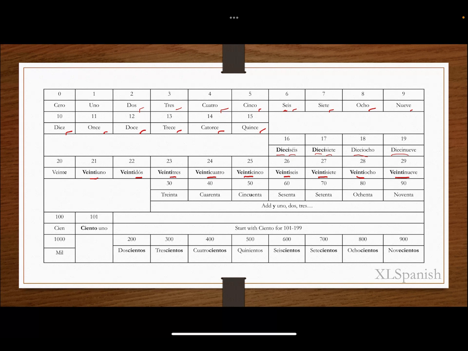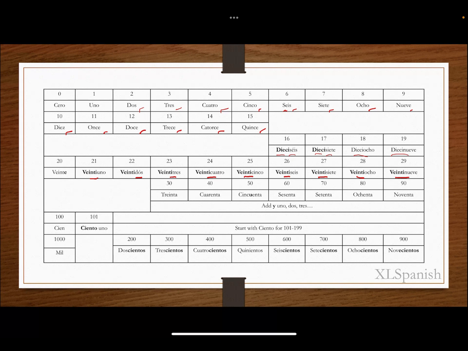So it'd be treinta y uno, and the "and" in Spanish is y. 32 would be treinta y dos. And you go on until 39, which would be treinta y nueve.